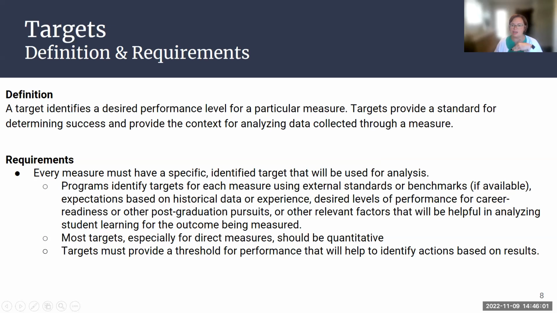Targets. So target is that sort of achievement indicator that we ask you to identify for each measure. Really, that's just so that you have a lens through which to know what to do with those results. So that threshold is not at all determined by us. Frankly, we don't really care that much what it is. We just want you to have one.